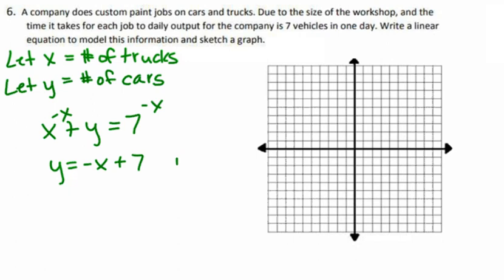So our slope is negative 1 over 1, and our y-intercept is 7. So plotting our point at 7, 1, 2, 3, 4, 5, 6, 7, and going down 1 over 1. Down 1 over 1 is going to be our graph.